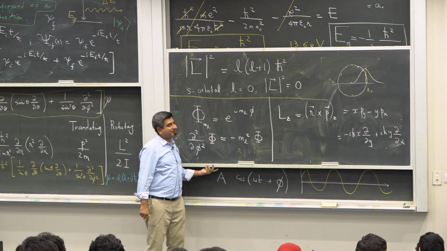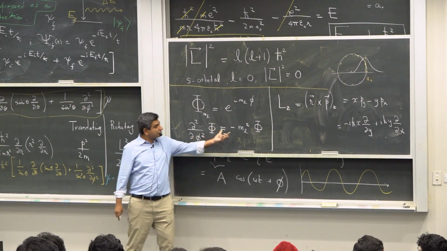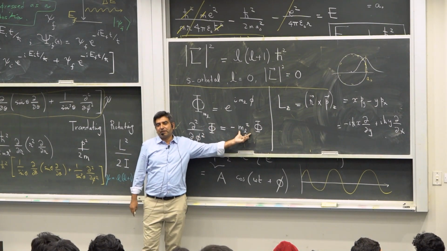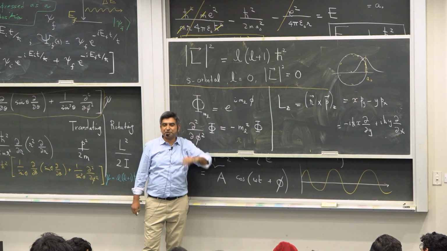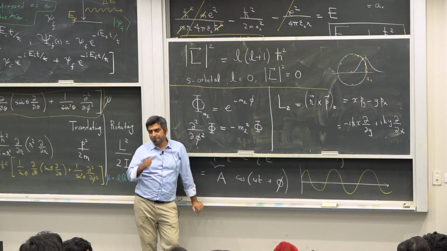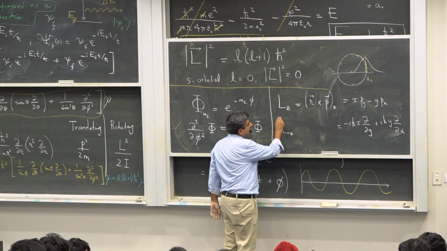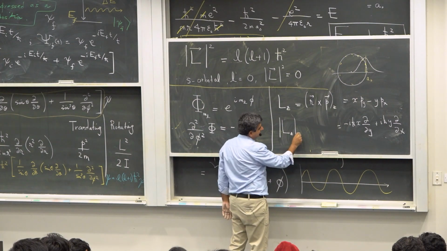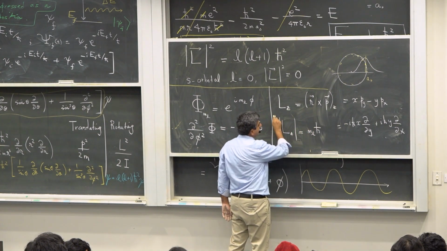So I need to explain this, but I don't have the time for this, unfortunately. So this quantum number ml really represents the z projection of the angular momentum. The z projection of the angular momentum is also quantized, and it's quantized according to ml h bar.